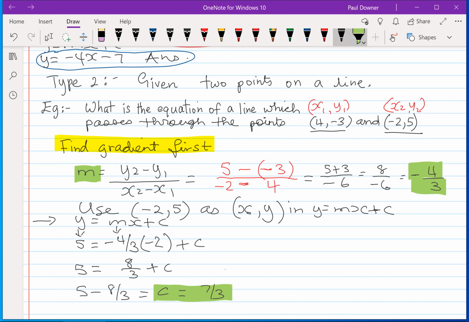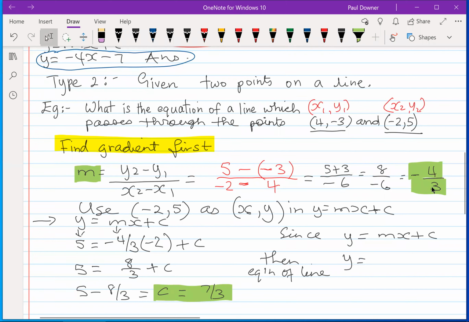Because now, since y equal to mx plus c is the equation that we need to end up with, we could write the equation of the line now as y equal to m. What was m again? Well, look here.